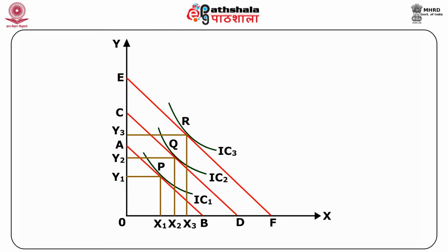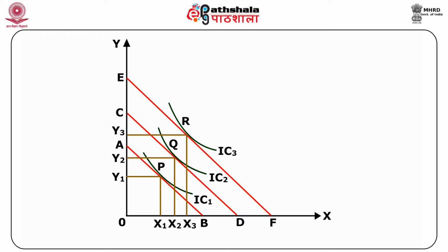With the budget line CD, the consumer reaches a new equilibrium Q on the highest possible indifference curve IC2. At Q, the consumer purchases OX2 of commodity X and OY2 of commodity Y. Thus, as a result of increase in income, the consumer purchases more of both the commodities.